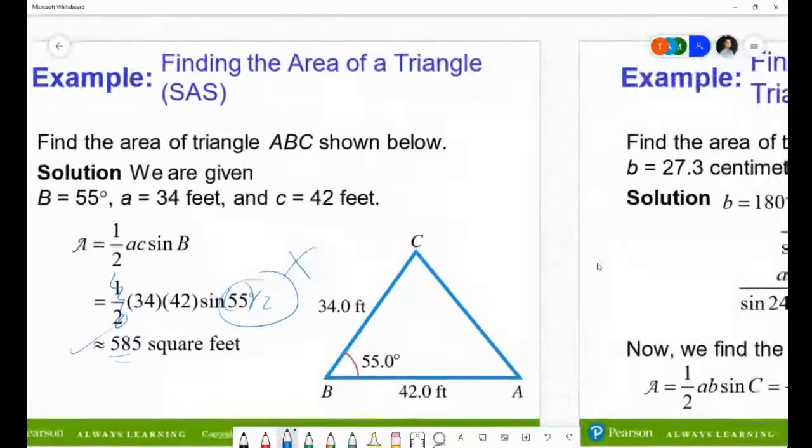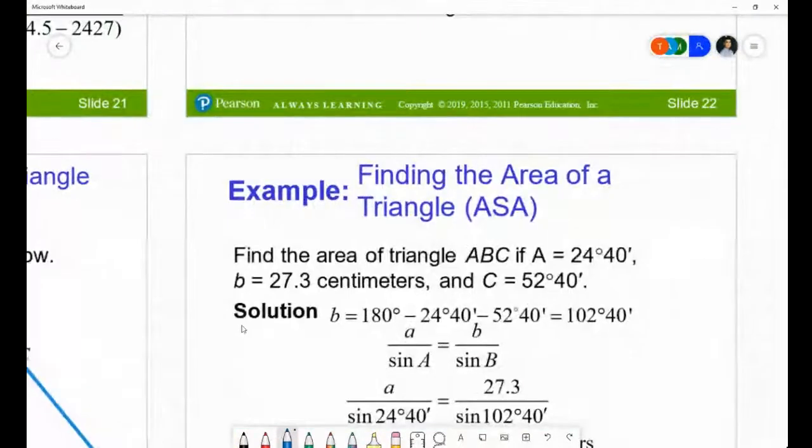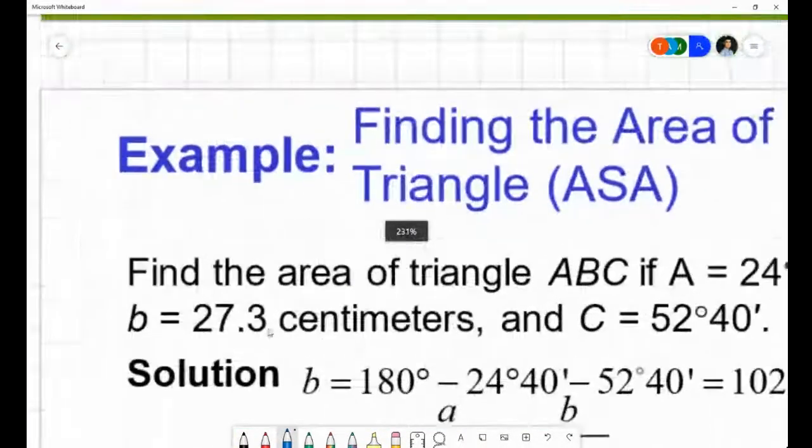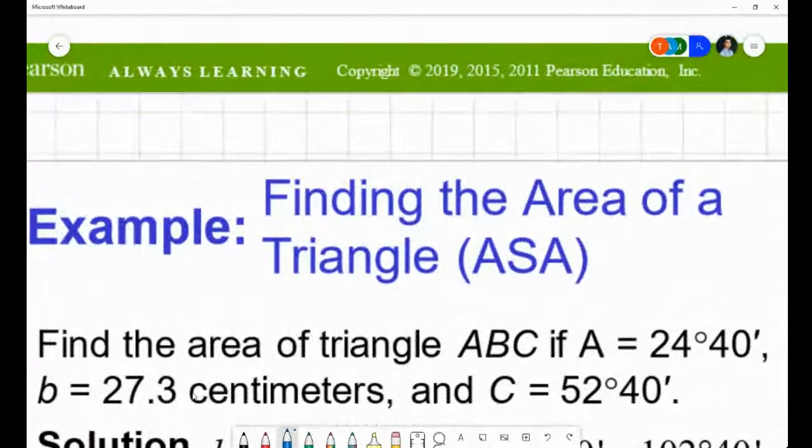All right, last problem. Let's see. Okay, so here they are giving you an angle and an angle and a side. So angle, side, angle.